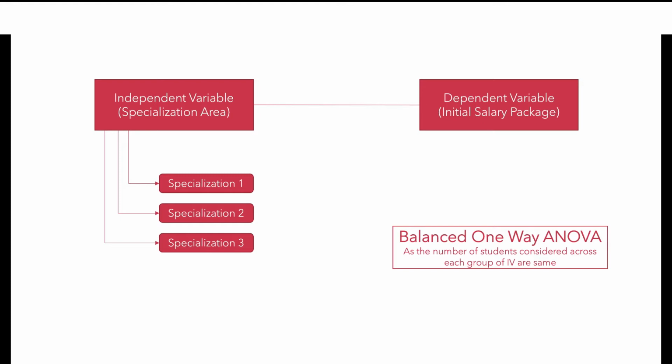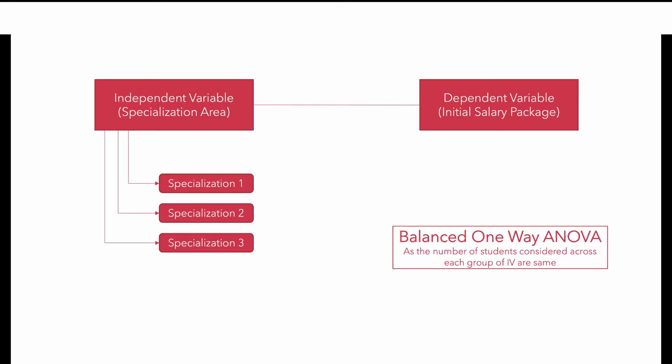Now, in case of the dependent variable, across the different unrelated groups that you are considering, if the n is the same across all the groups, that is, in this case, in specialization 1, 15 random students have been selected. In specialization 2, 15 students have been selected. And for specialization 3 again, the data of 15 students have been taken.